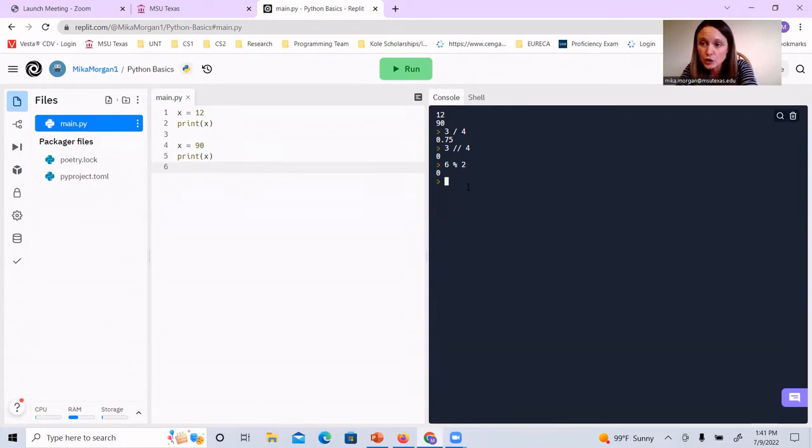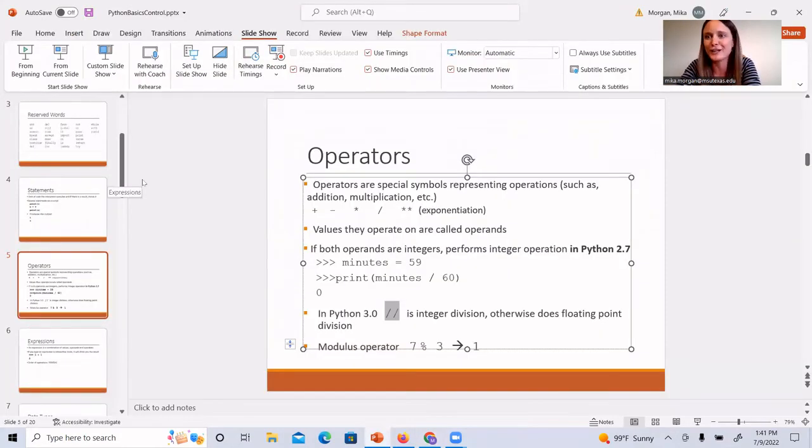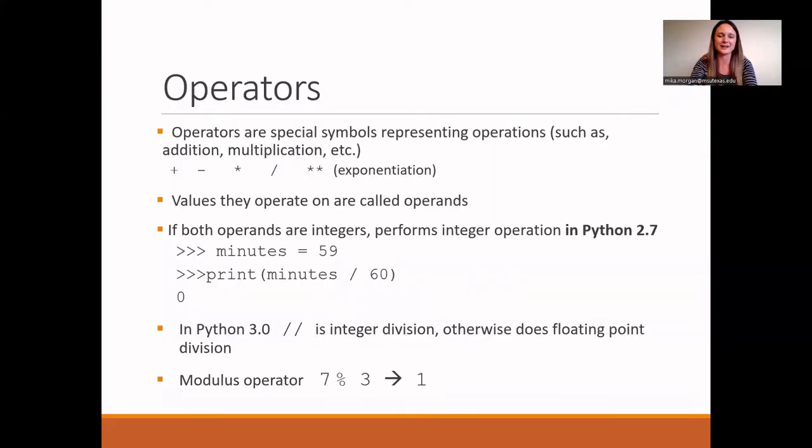So the remainder of 6 divided by 2 is 0. If instead I did 5 mod 2, 5 divided by 2 would be 2 with a remainder of 1, right? So I get the remainder back when I do the modulus operator. Okay, so that was a lot of information on that one slide, but the idea is that you can do math, you can evaluate expressions in Python in your programs.